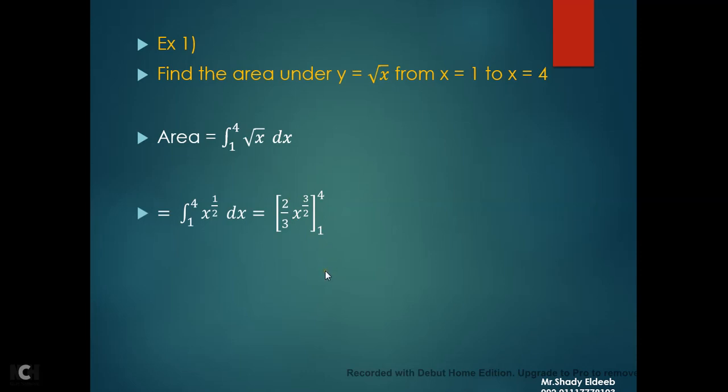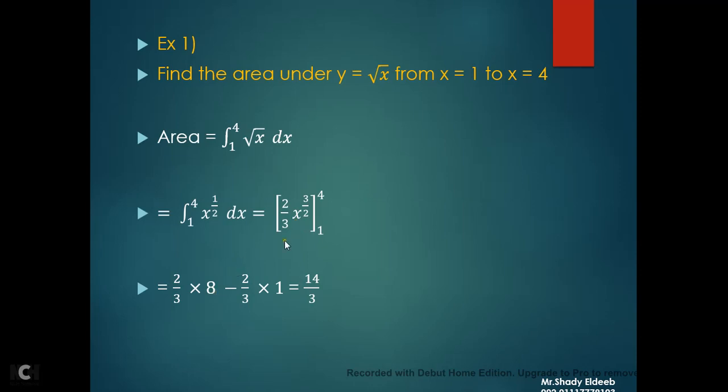After that we substitute 4 instead of x and 1 instead of x, and take the difference between them. 2 over 3 multiplied by 4^(3/2). 4^(3/2) is the same as the square root of 4^3, and 4^3 is 64, so the square root of 64 is 8.